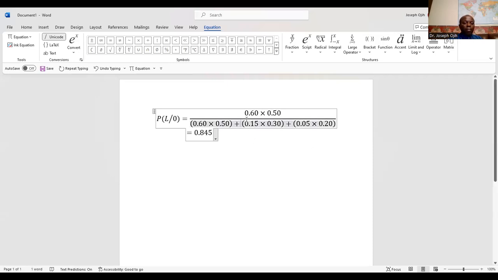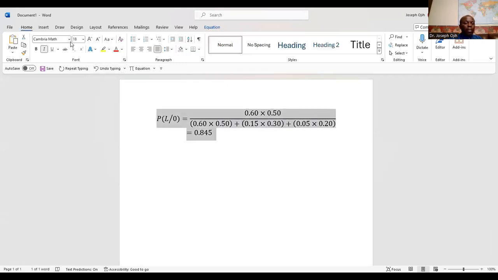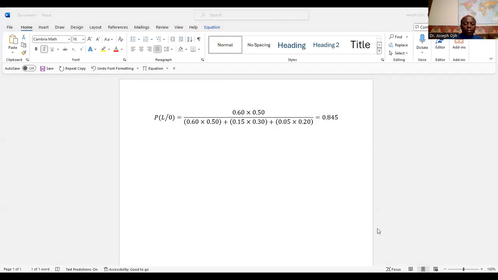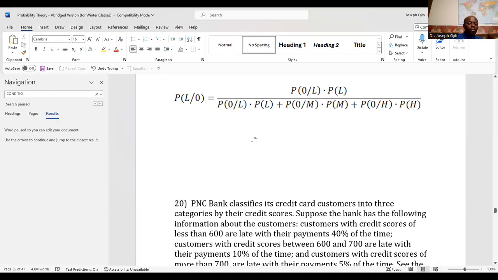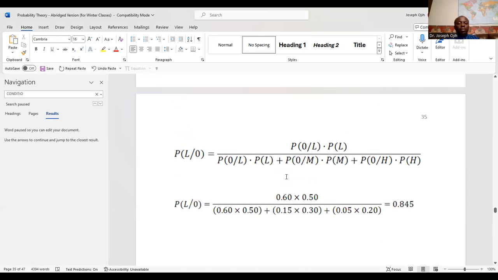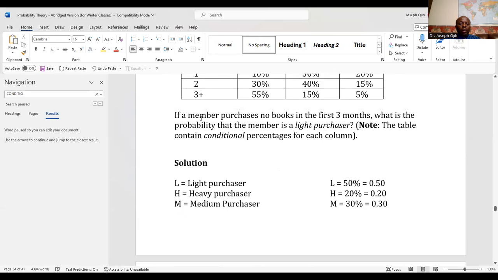So I'm gonna make it font size 16, and then copy this and paste it right here. I'll give an answer. So that the probability, remember, who purchases notebook?